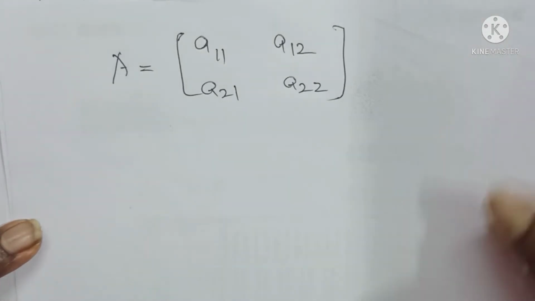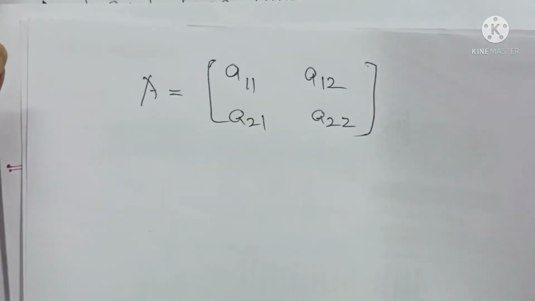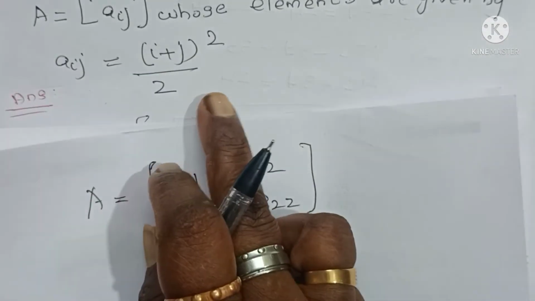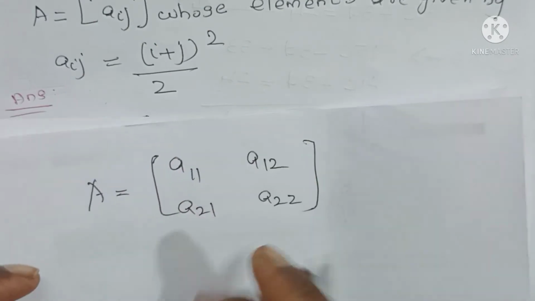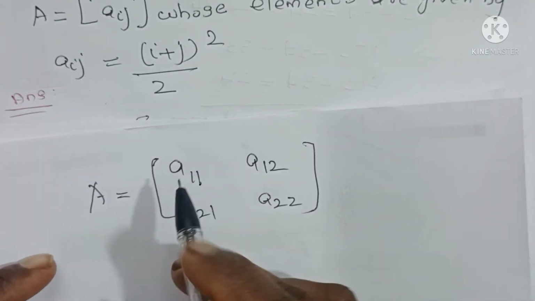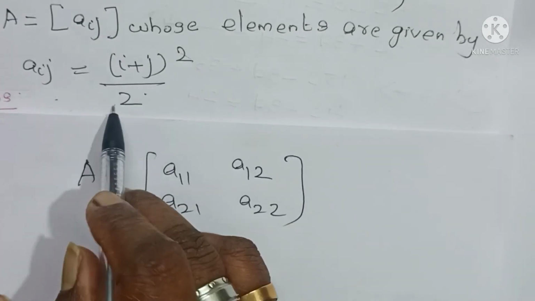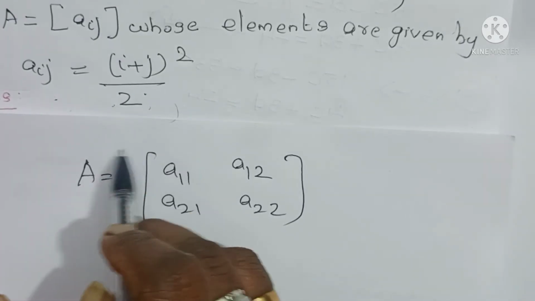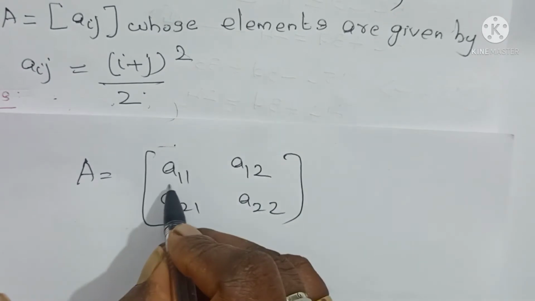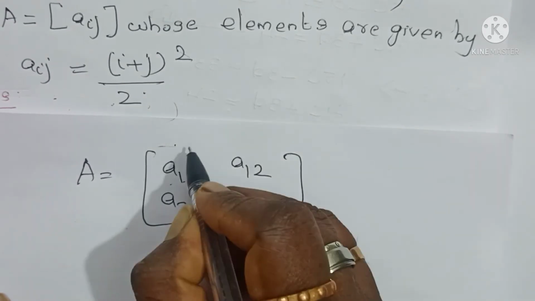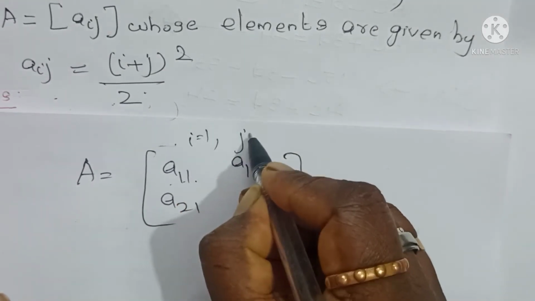One more thing they have given: Aij is equal to I plus j the whole square divided by 2. So what is A11? Here I is equal to 1, j is equal to 1.